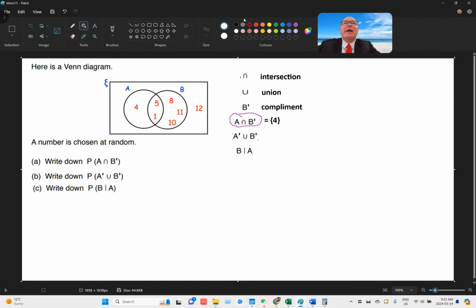The complement of A. I'm going to start right there. That's everything that's not in the circle A. That's here and here. Next, the complement of B, which we had just a moment ago. What's not in B? That's not in B, and this is not in B.